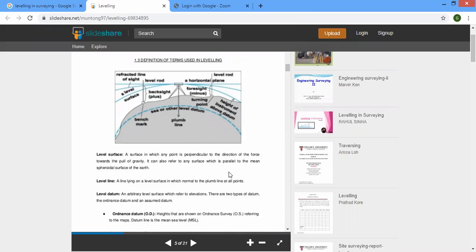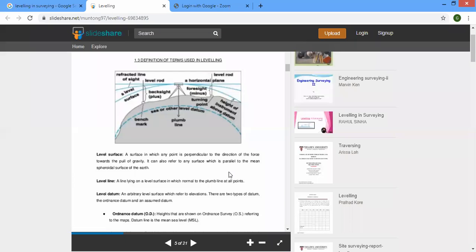In the figure you can see where they have indicated the level surface. So in the left corner a level surface is written. So it is a surface in which any point is perpendicular to the direction of the force towards the pull of gravity, right?